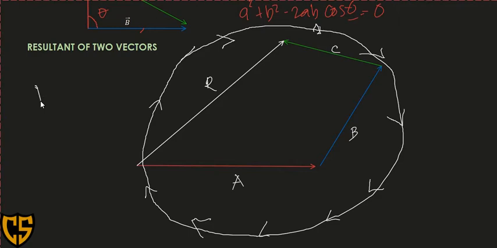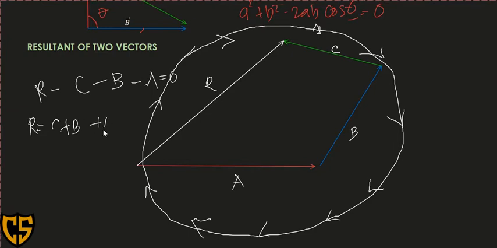So that is R minus C, because it is in the opposite direction, minus B and then minus A is equal to 0. So we say your R or your resultant is equal to C plus B plus A. So it is simple to find the resultant of a vector using the polygon method.